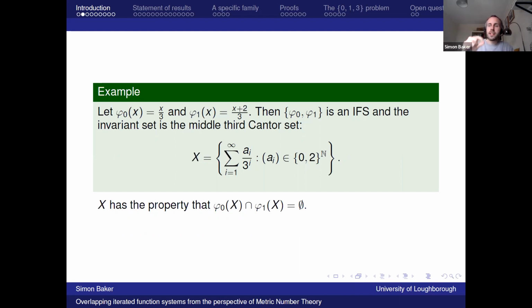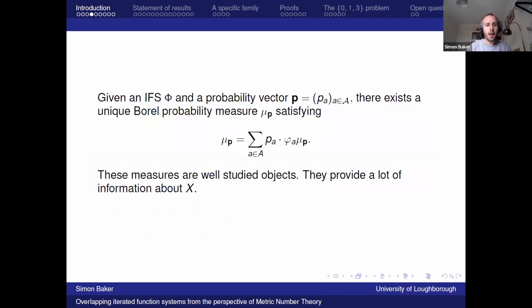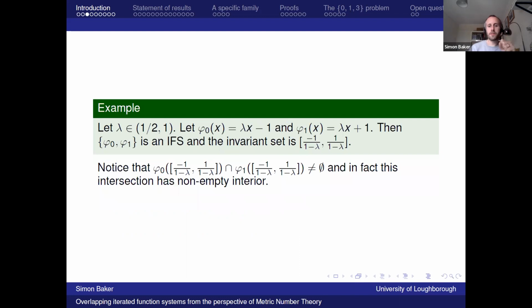And the point here is that this 1/3 is simply coming from the contraction ratios. So somehow the quality of approximation you can see in a well-separated system just comes from the contraction ratios. But here the situation is very different. For these overlapping systems, for certain lambda, you can expect that a point will be approximated with error 1/2 to the n.